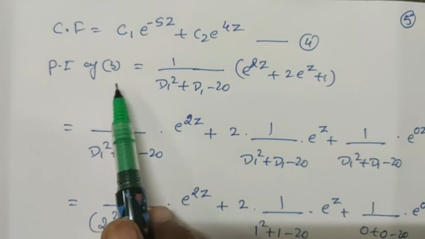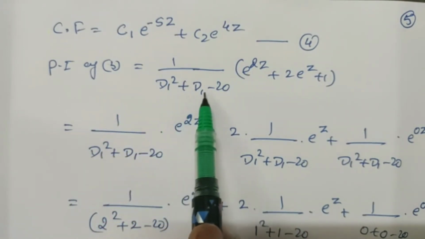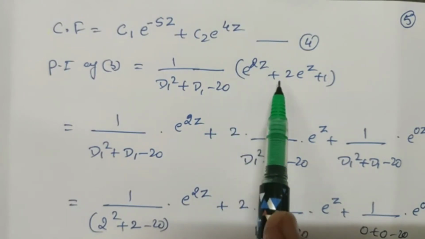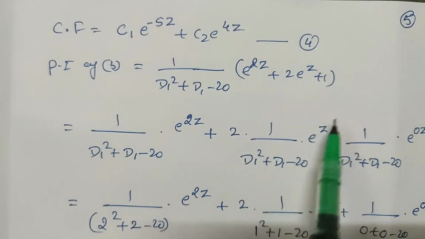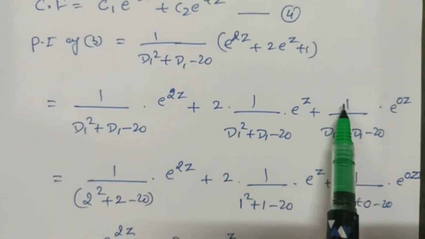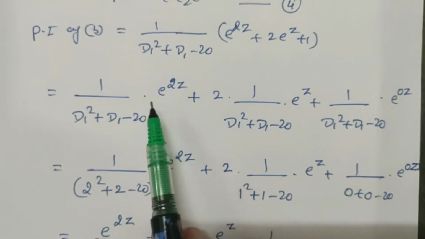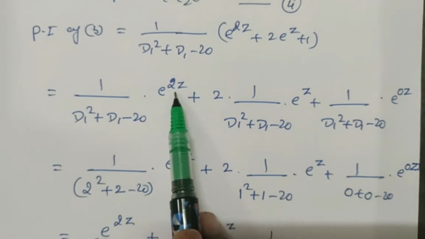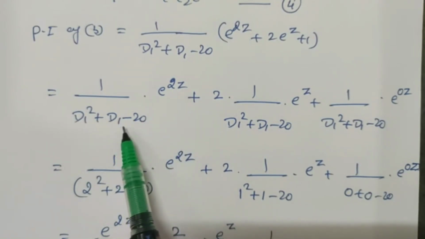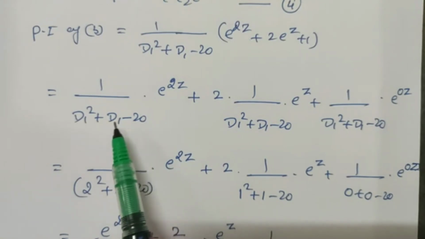Now find the particular integral of equation 3, which is 1 by (D1 square plus D1 minus 20) of (e to the power of 2z plus 2 e raised to z plus 1). Again you have to separate all the terms like this, and this last one can be taken as e raised to 0z. Here put D equals a, because it is in the form of e raised to ax divided by f of D. We can replace D by a if f of a is not equal to 0.